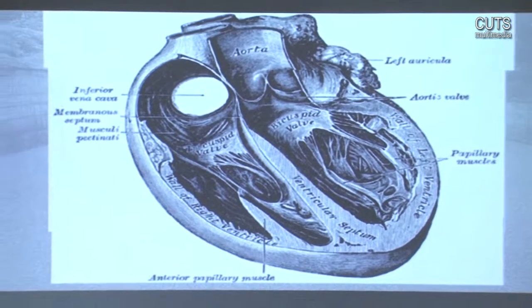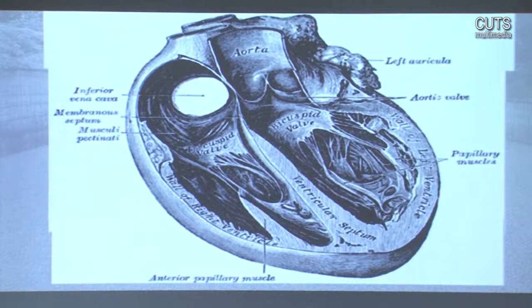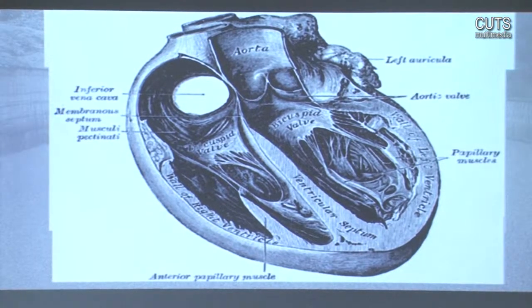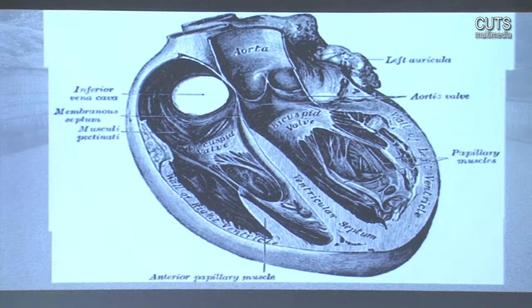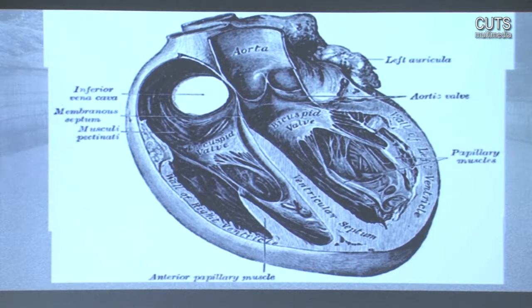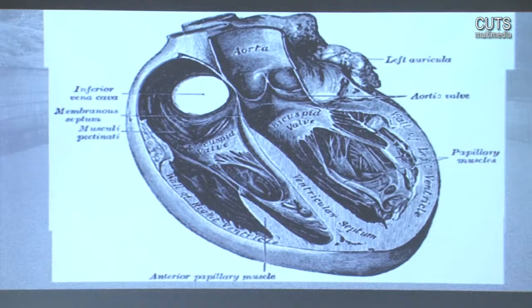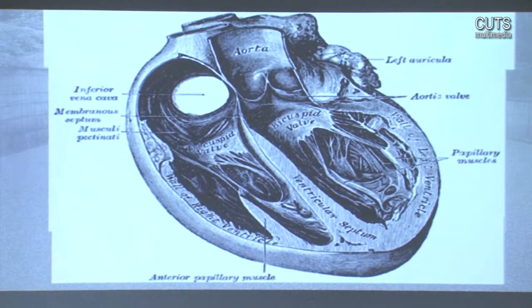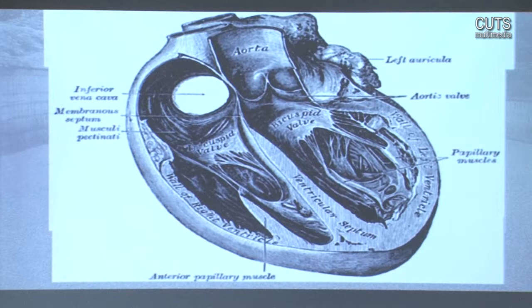So the ventricle extra beat is called a ventricular premature contraction, VPC. It's an extra beat arising from the ventricle. And it sounds like this. Ba-bum, ba-bum, ba-bum, ba-bum.